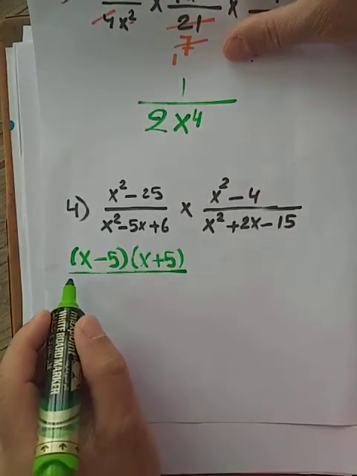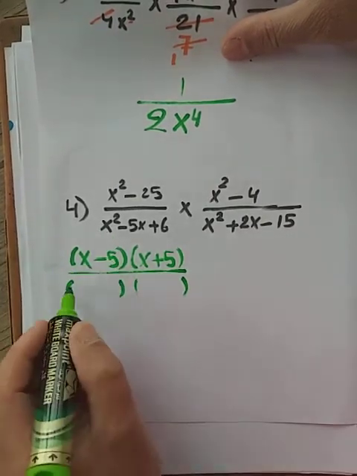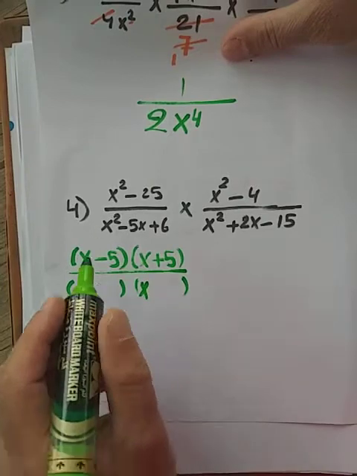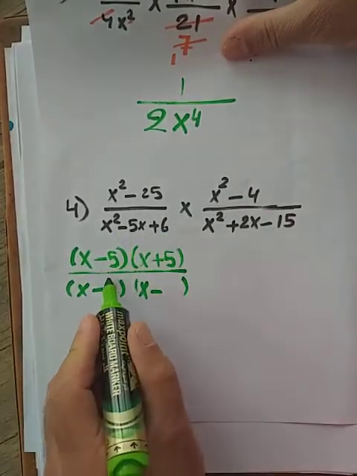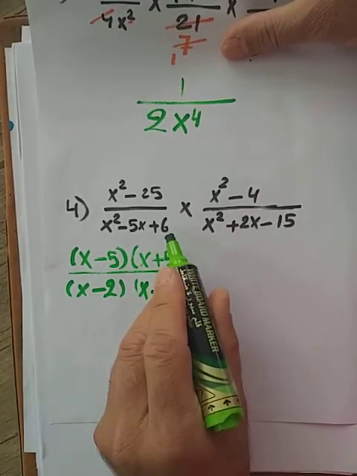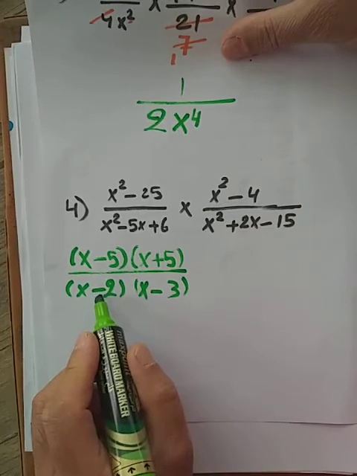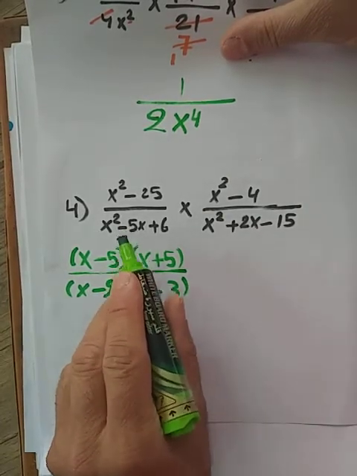In the denominator, by testing, factorize: x, positive times negative is negative. We have 6 and 5, 2 and 3. 2 times 3 is 6, should be this number, and negative 2, negative 3 is equal to negative 5 by adding.